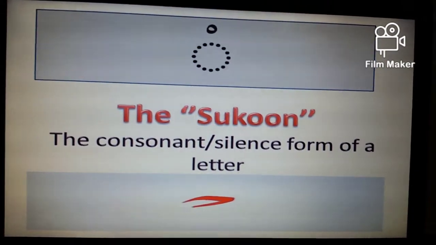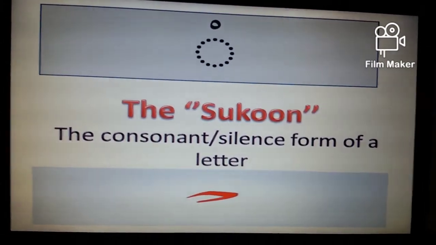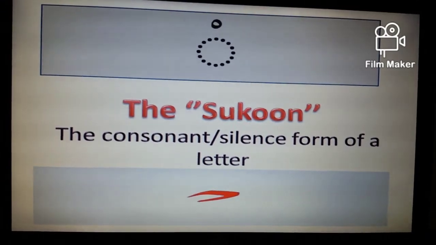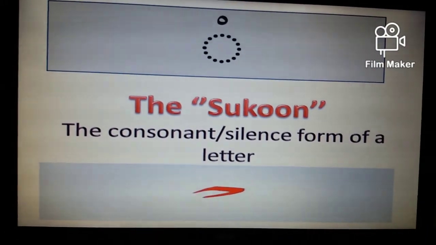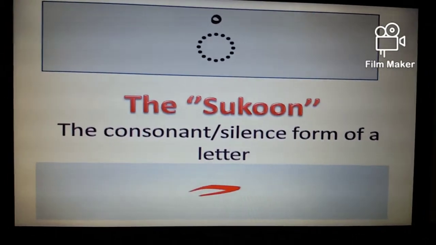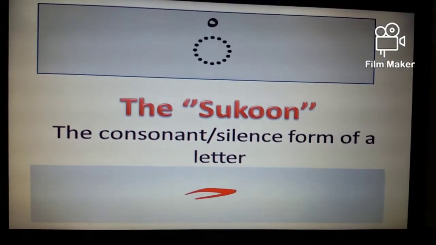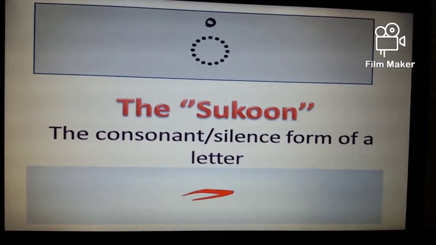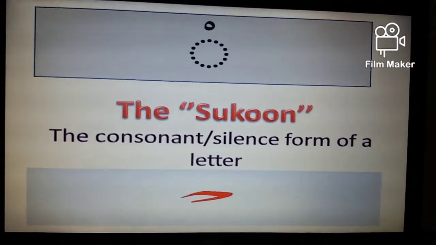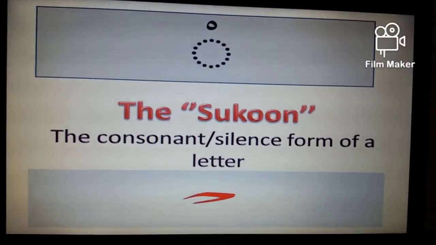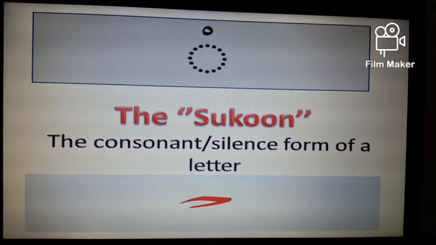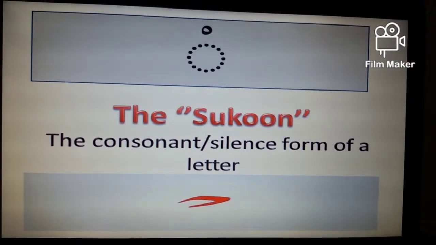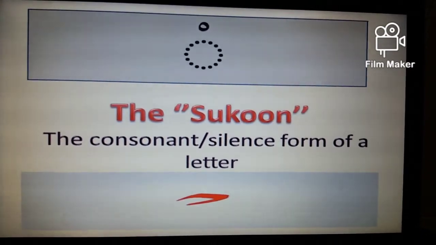Those represent the way we pronounce the letter with a movement of our mouth, meaning that we move our mouth up and down so that we pronounce the letter with the short vowels. But when we pronounce the letter with the Sukoon, we pronounce it in a silent form, we stop on the letter.